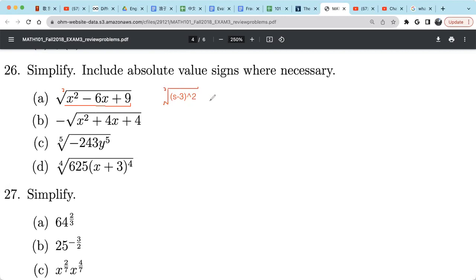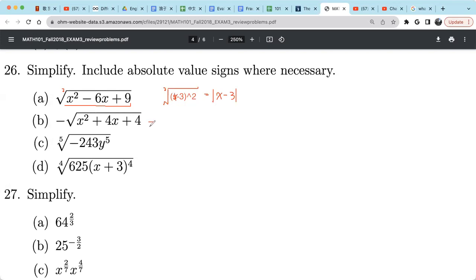The square cancels the square root, so we get x minus 3. But because the index is even, the radicand cannot be negative. How do we represent that? We put an absolute value bar around it. So it equals the absolute value of x minus 3, forcing it to be non-negative. This is in the real number world.